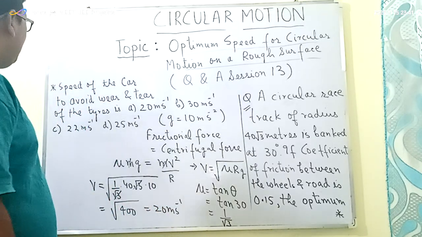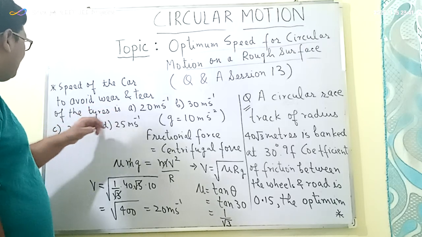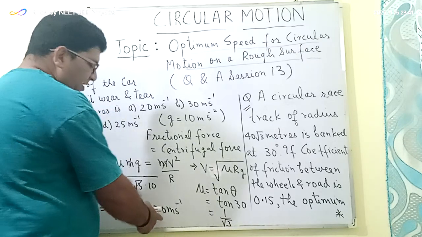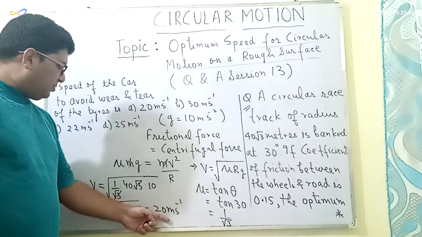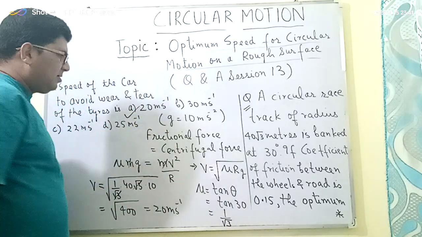So the optimum speed of the racing car to avoid wear and tear of the tires is 20 meters per second, and the correct option here is A.